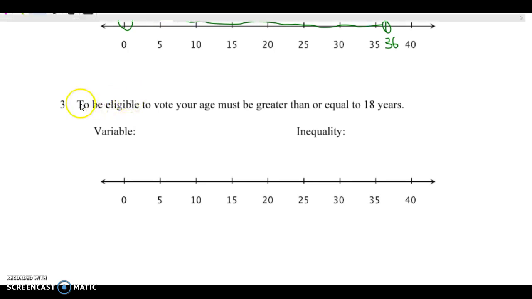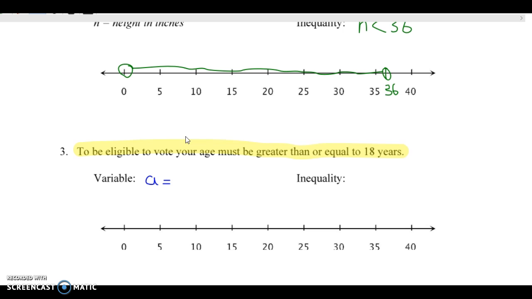So, to be eligible to vote, your age must be greater than or equal to 18 years. Okay? We need a variable. So, why don't we pick A for age? Okay. So, A is for age. It's really hard to write with a mouse.